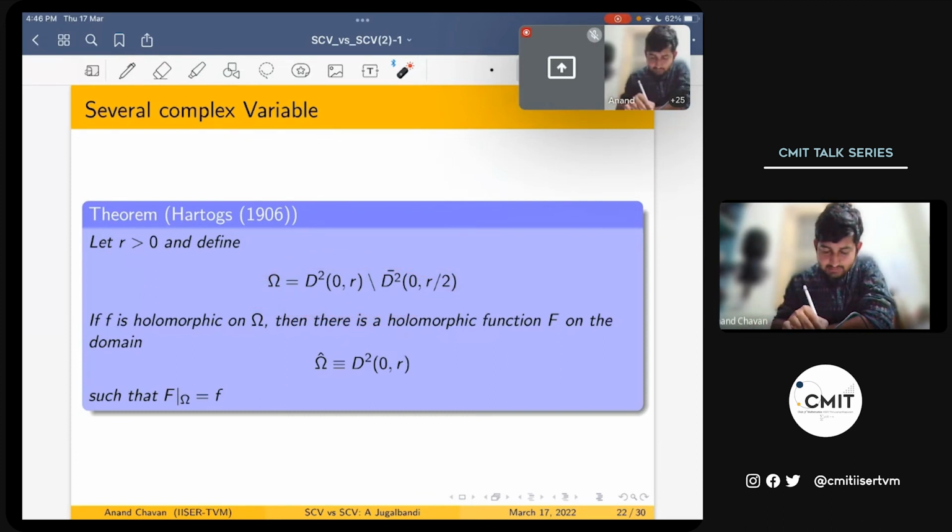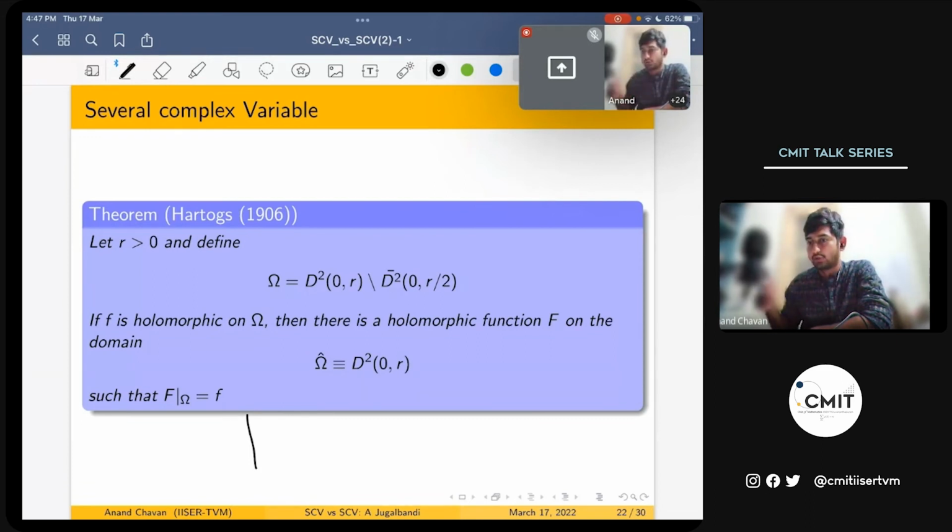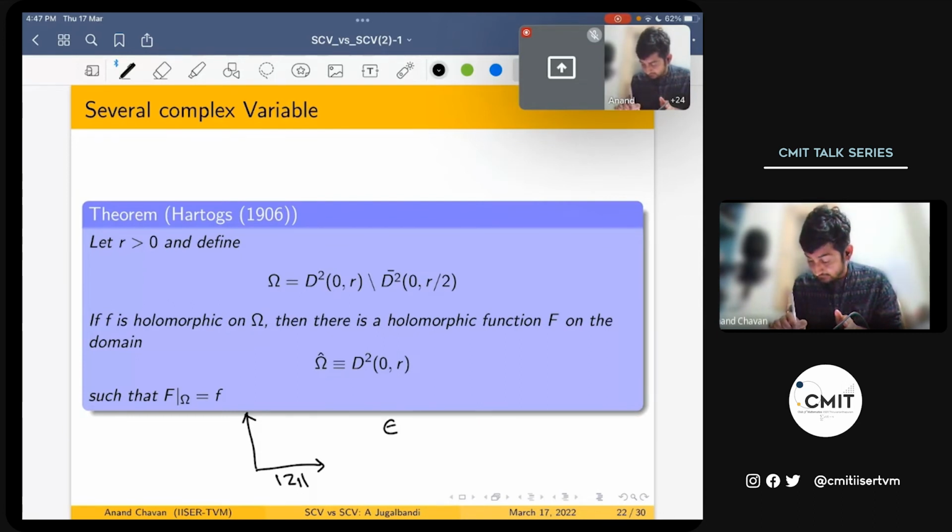So what it means is, mind you, you can't draw a set in C2 or Cn, because you would have to project it to the Euclidean plane, and if you want to draw a domain in C4, you need 8 dimensions to plot it. So Cn is basically R2n, right? So you can't plot it. So what I will do is I will mod out Z. What I mean by this is, let's say Z1, a function where this set is in C2.